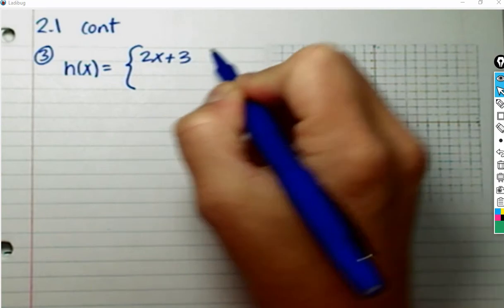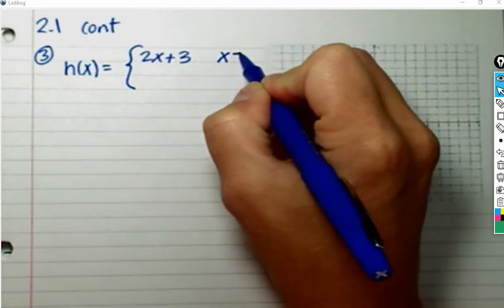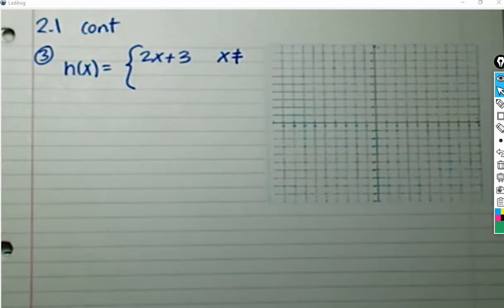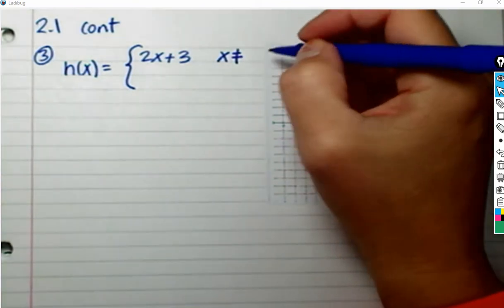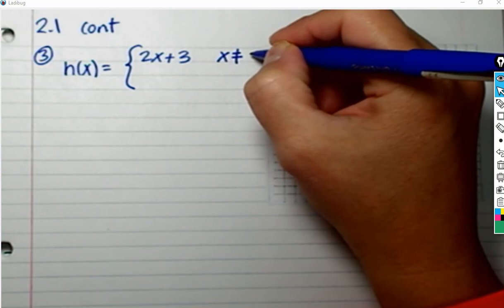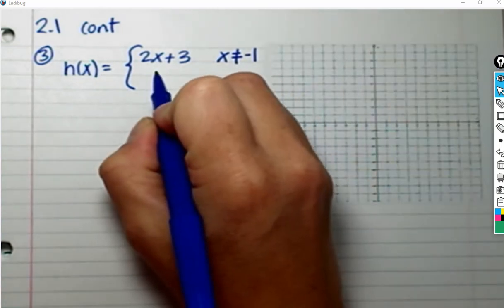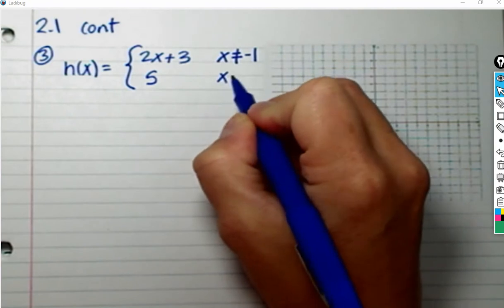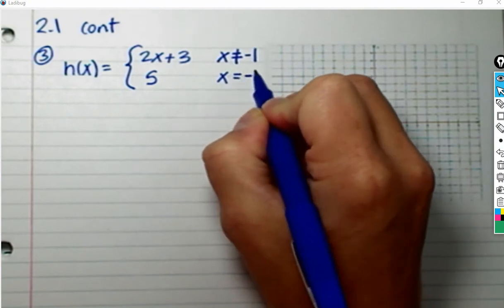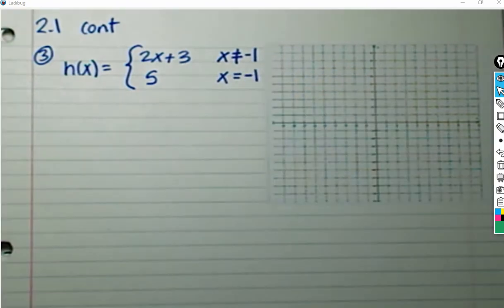2x plus 3, and this time we'll say x is not equal to, because we've seen that notation before, -1, and we'll say 5 for x equals -1. So I'm going to think of the endpoints that I have.